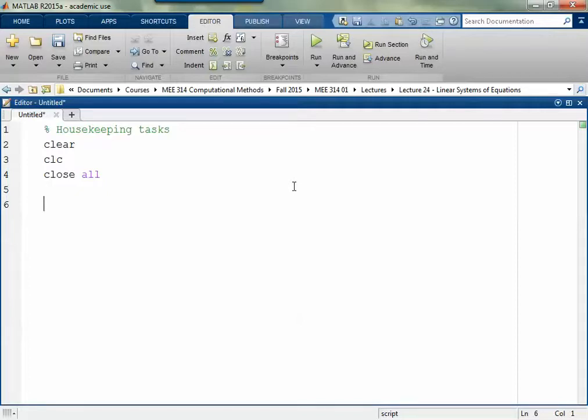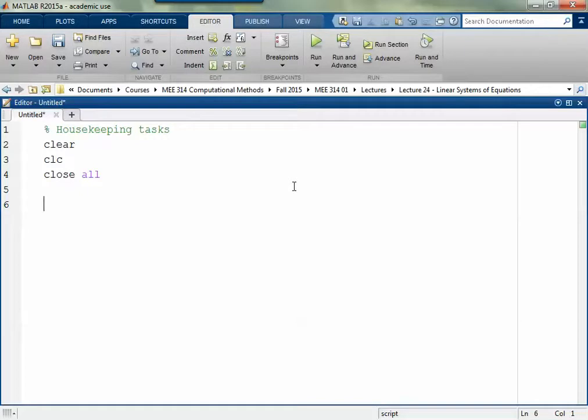So what should we do here at the top of our script? We're going to need to eventually define a couple things for MATLAB. We need to define what this A matrix is and what this B vector is. We don't need to tell MATLAB what the x vector has in it. We'll solve for that, and based on how we've set it up, we know what those values are going to be.